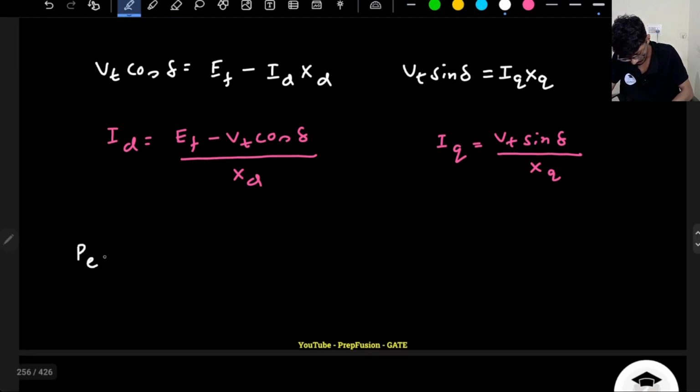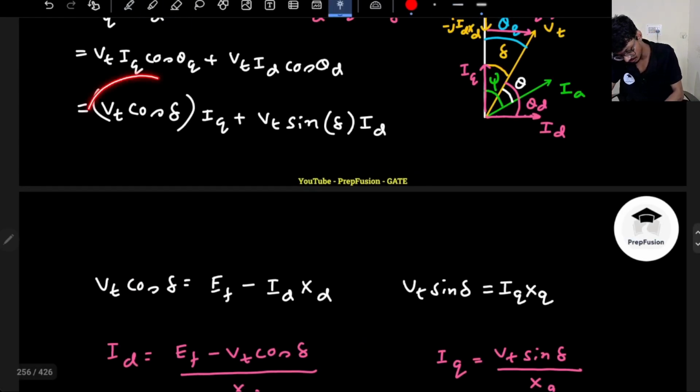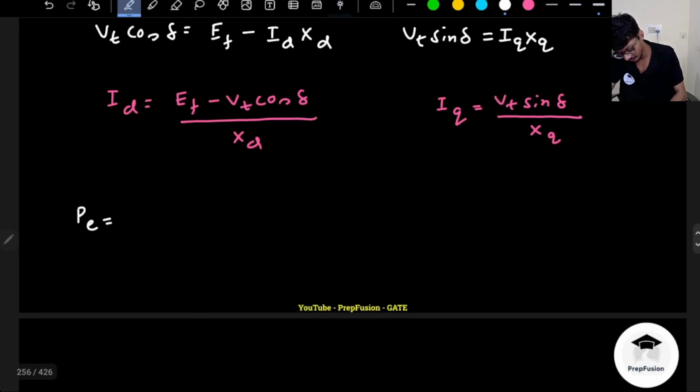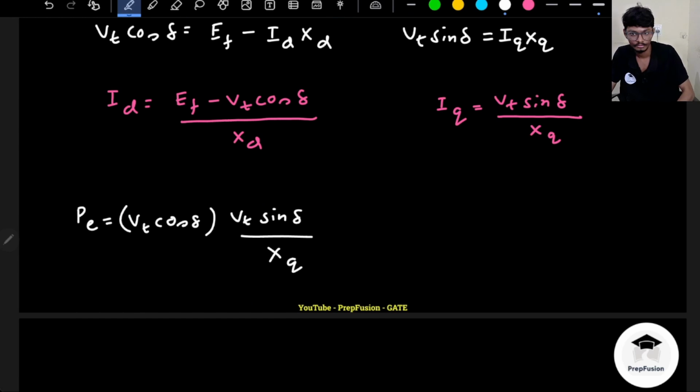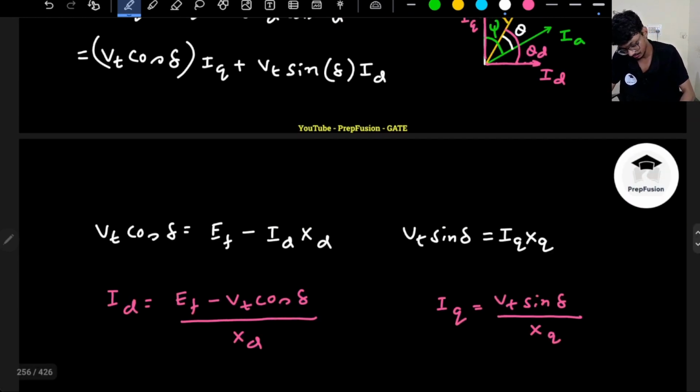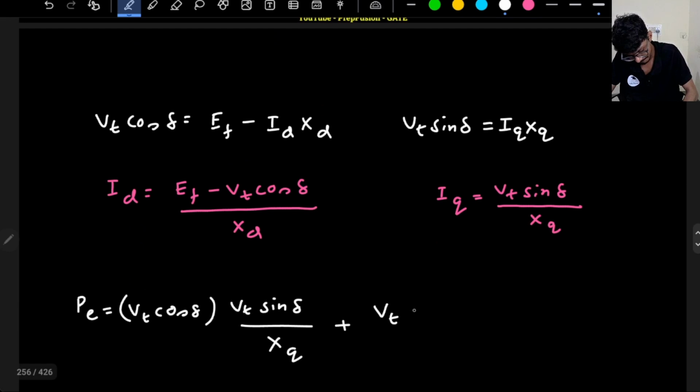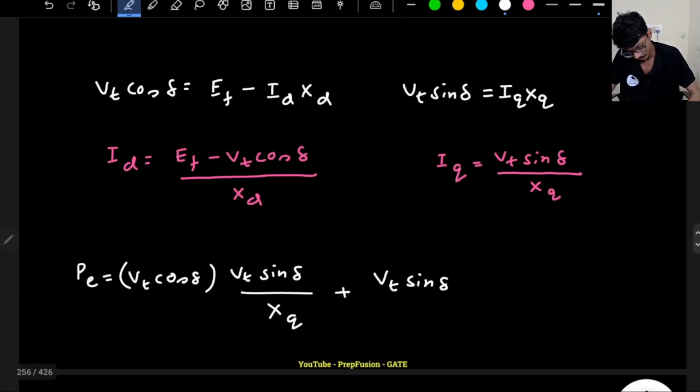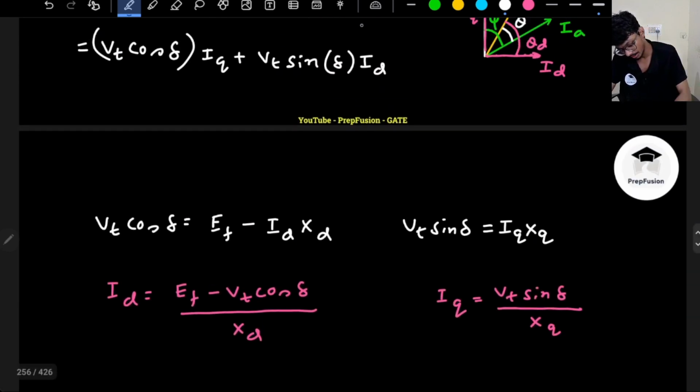Okay, so now I can write what is the power developed basically. So this power developed formula here, right? VT cos delta will be there, IQ I will replace. So this will be VT cos delta into IQ. IQ is here, right? So this is VT sine delta divided by XQ, plus VT sine delta into ID.